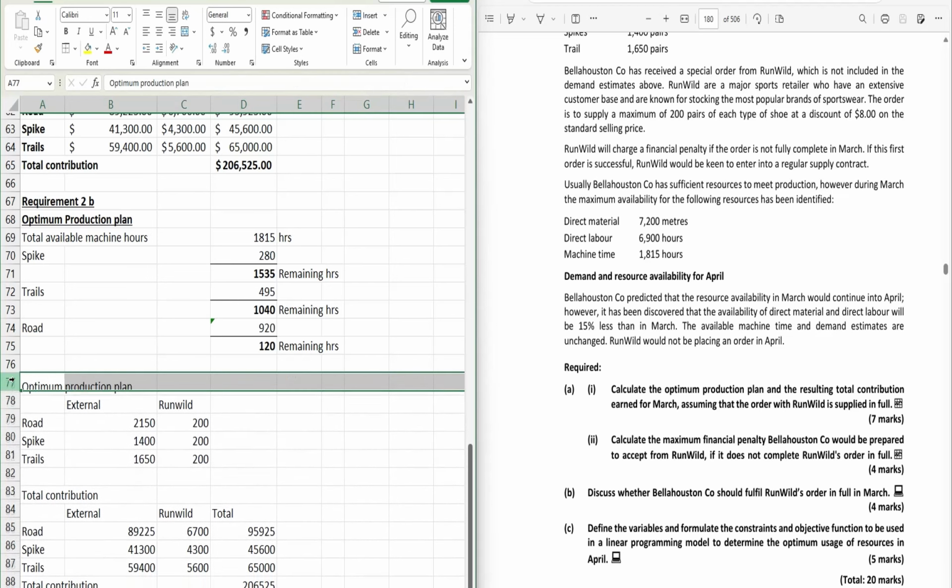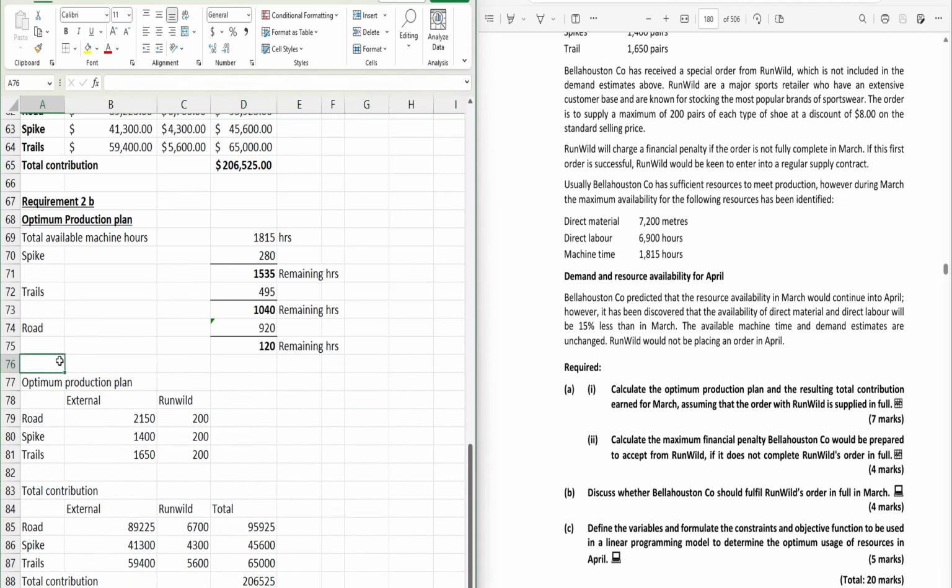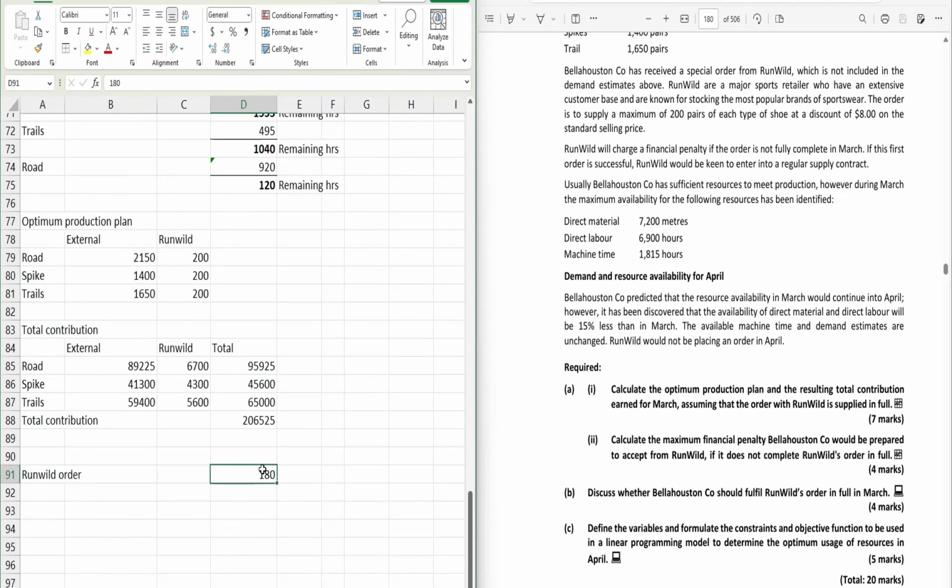So now, how much shortage of machine hours is there in order to fulfill the Run Wild order? The total hours required to fulfill the Run Wild order is 180, but we only have 120, so that means 60 hours is the shortage, right?